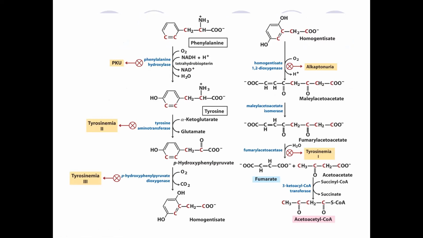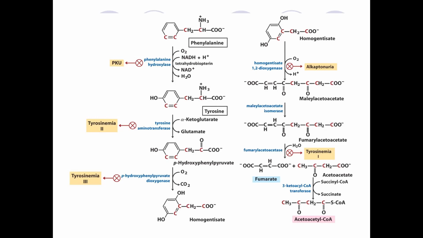So interestingly, phenylalanine gets converted to tyrosine before it gets degraded. So tyrosine and phenylalanine share a common degradation pathway.